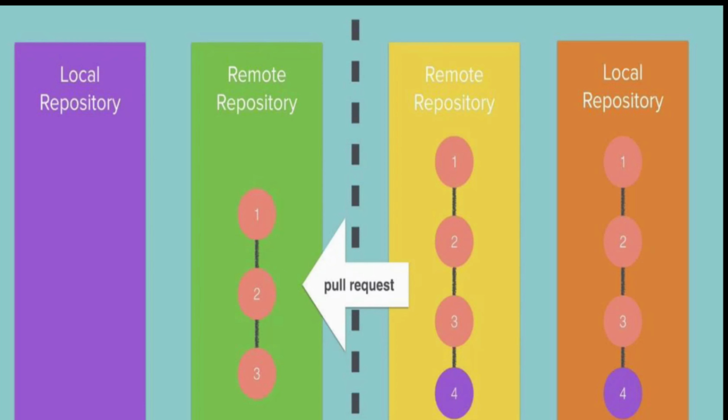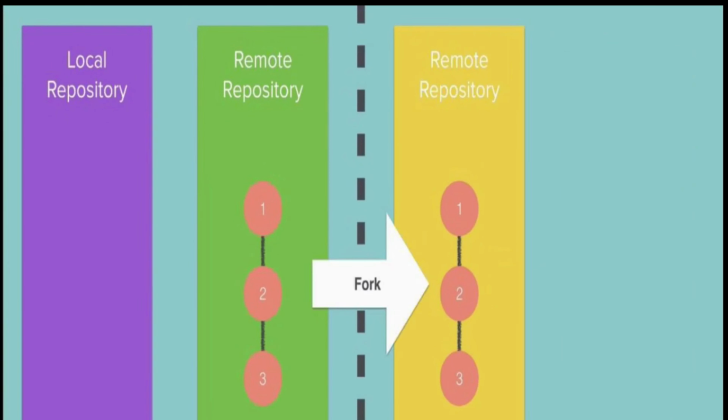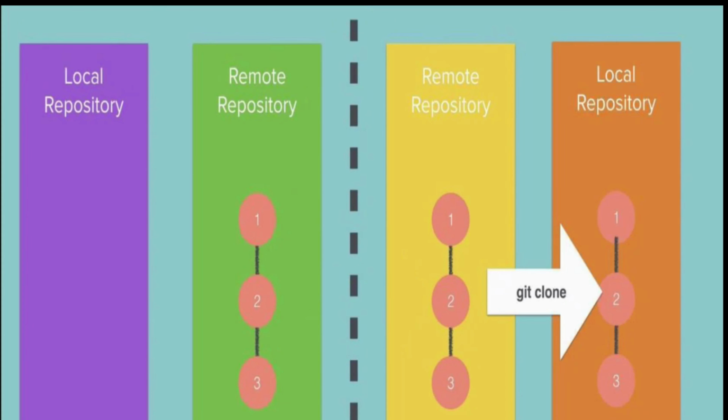Forking creates a copy of that repository to the remote repository on our GitHub platform. After forking, we clone it to our local repository, that is to our computer.